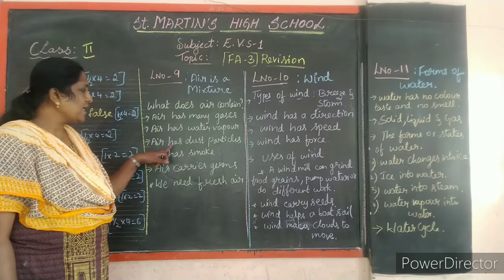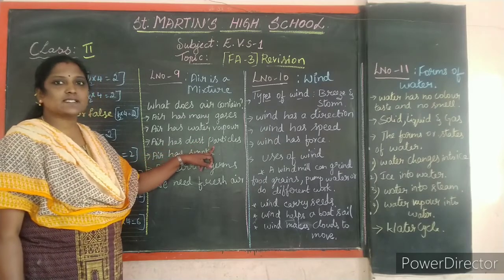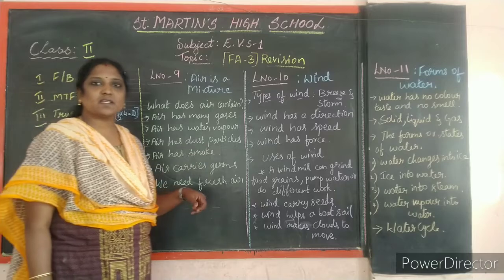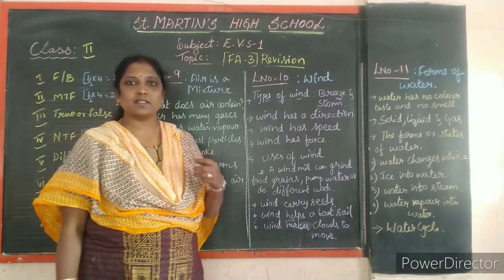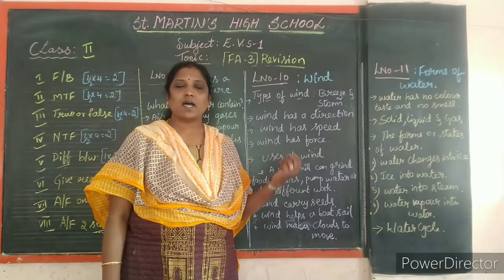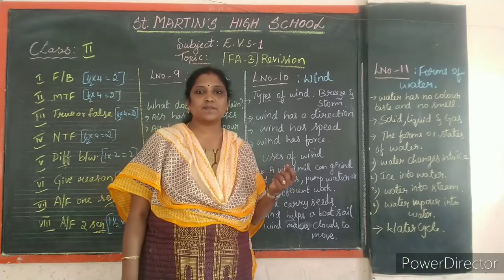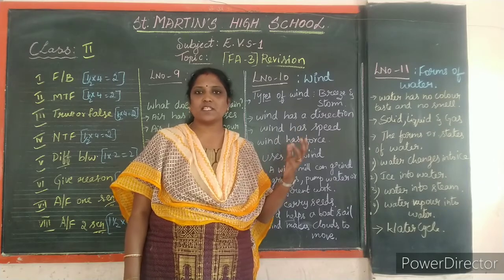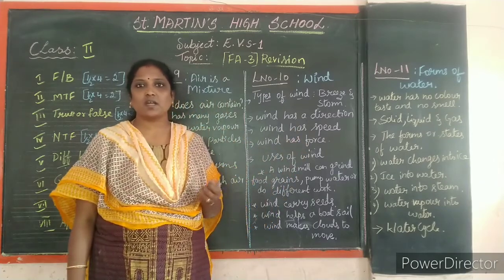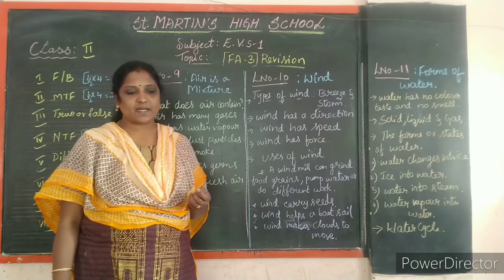And next, air has dust particles. Yes, air too has dust particles. When you see the sunrays entering inside the home through the windows or doors, you can see some dust particles in the rays. Also when you are sweeping or cleaning a cupboard or the TV table, you can see the dust particles.